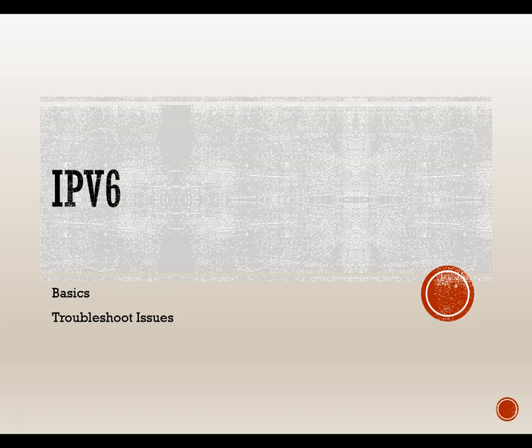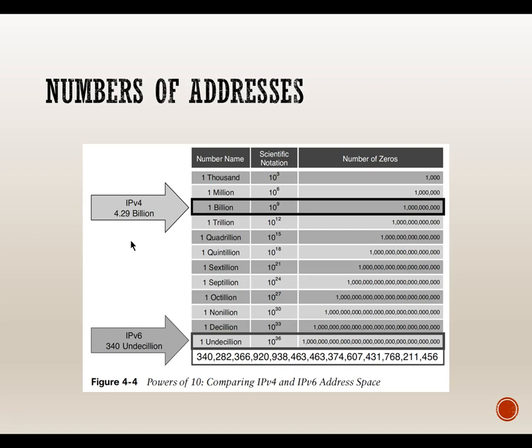But right now, IPv6. When we look at the number of addresses that are available, in IPv4, the 32-bit digital binary address, we have 4.29 billion of them available. And we have exhausted the supply.